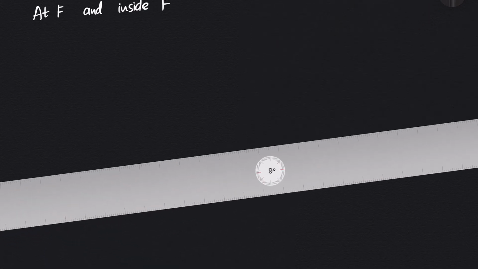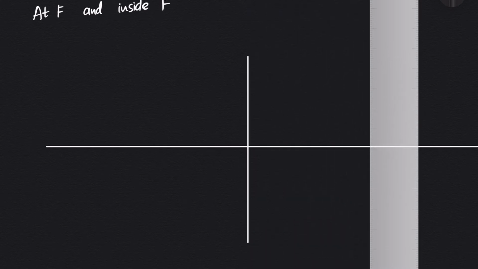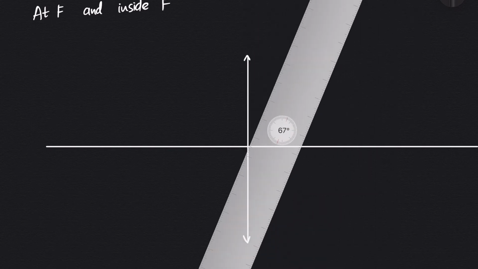So now let's try two more cases, at focal length and inside the focal length. Again, the same rule here. First draw a horizontal line. Choose a point and draw the vertical line. Again, represent that it's a converging lens, and then draw the focal point.